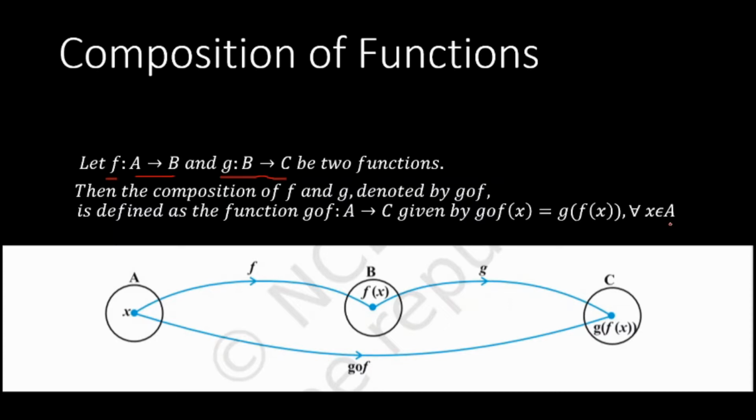So let's see how this definition can be explained in a more simple way. Before that, I'll give you a real life example. Suppose there's a student named P, who is writing the board exam.